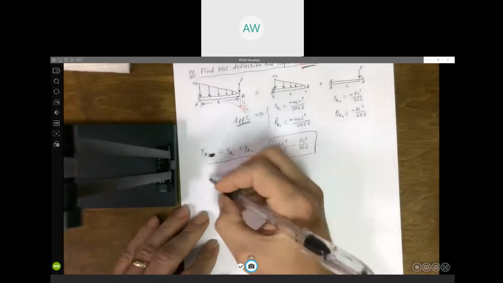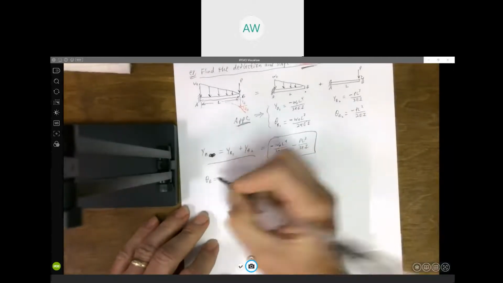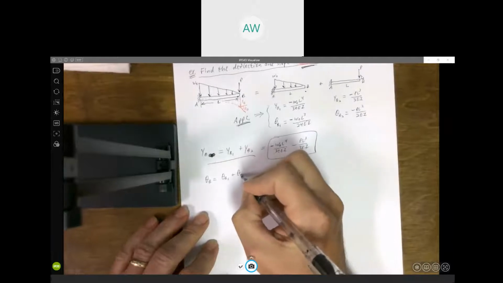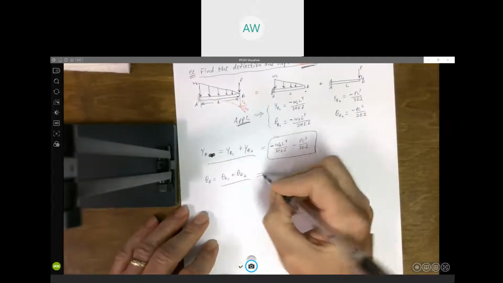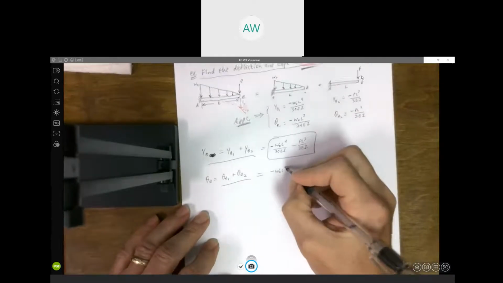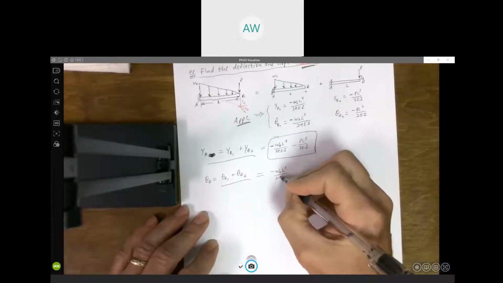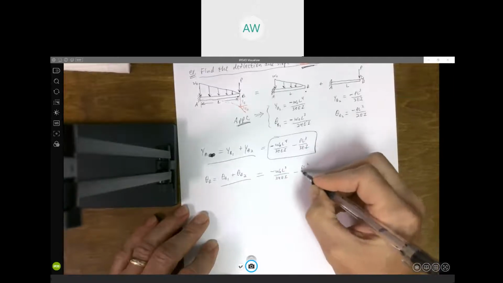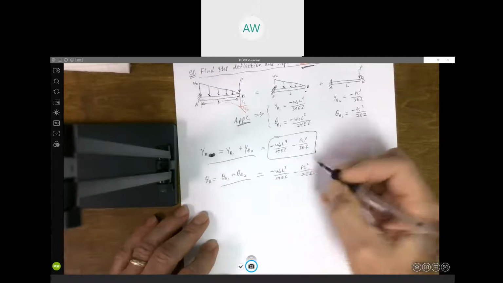And we get the slope at B by just, again, adding the two results together. We got minus W naught L cubed over 24 EI minus PL squared over 2 EI.